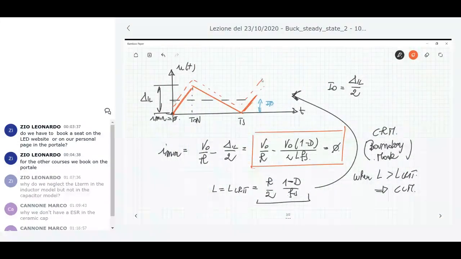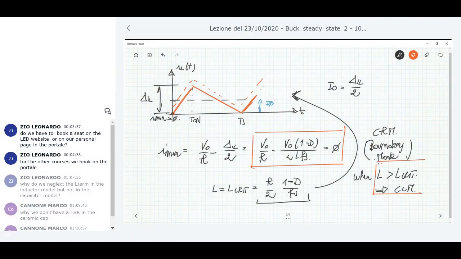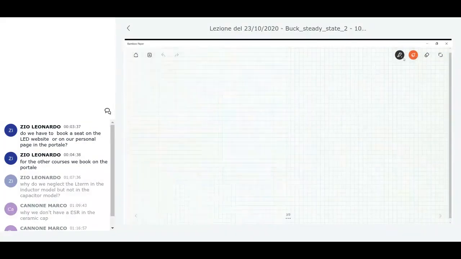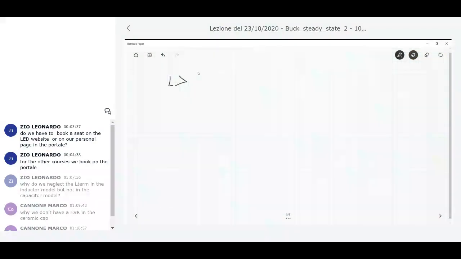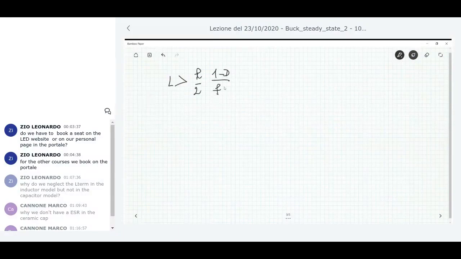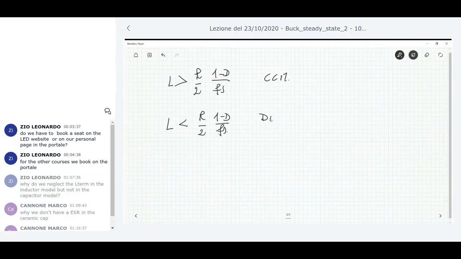So this is a very important condition, and I'd like to stress it here. If L is higher than R divided by 2, 1 minus D, times frequency, then we get continuous conduction. If L is lower than this value, then we operate the converter in discontinuous conduction mode.